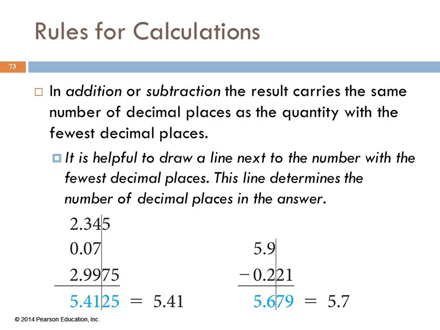Where is the uncertainty in that number? The 2, the 3, the 4, or the 5? 5. The last digit's always uncertain. So in 0.07, which digit is uncertain? The 7. And in 2.9975? The 5, right?